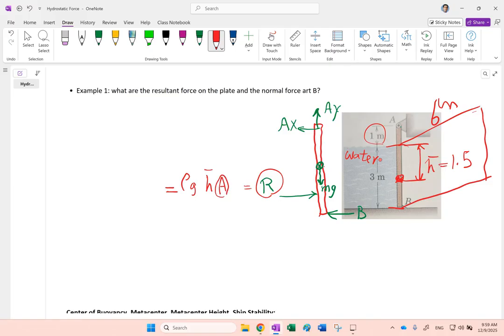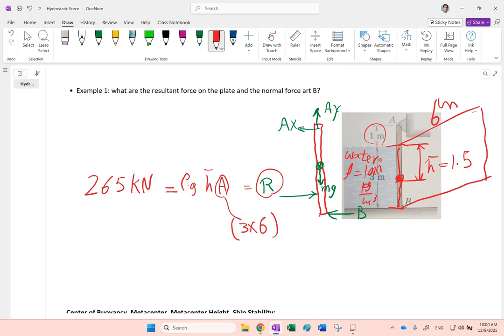And A here is this 3 times 6, correct? Because one side of it is 3, the other side is 6. So if you plug everything in, you're going to get basically 265 kilonewton. Okay, again, this rho is 1000 kilogram per meter cubed. So that is the resultant force.